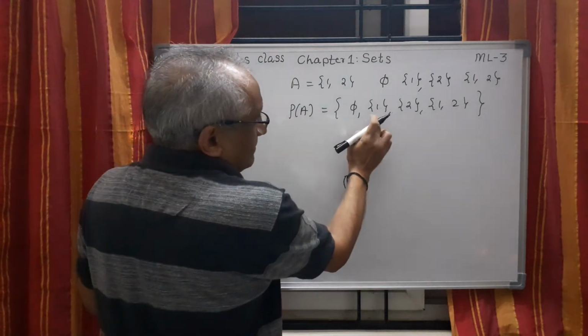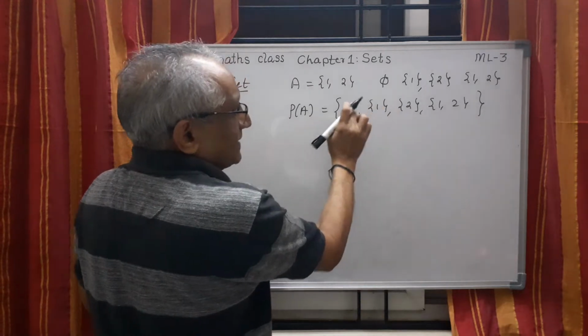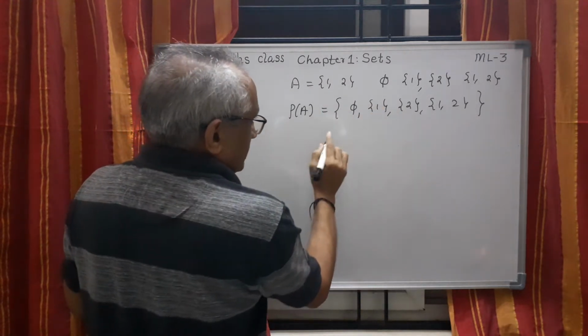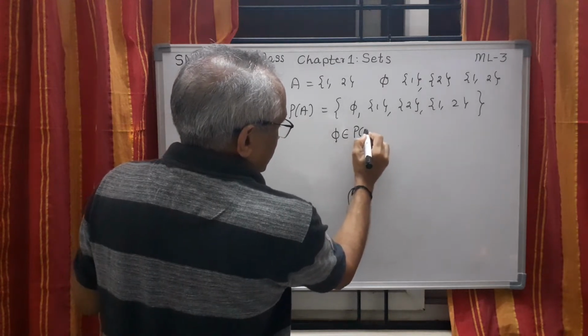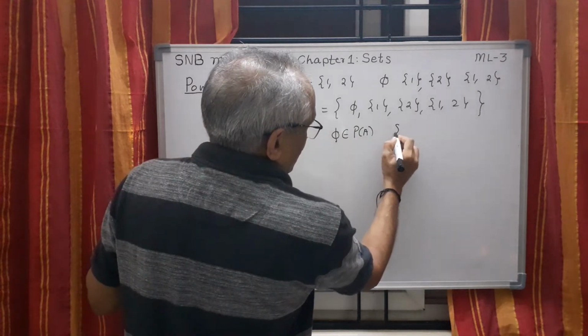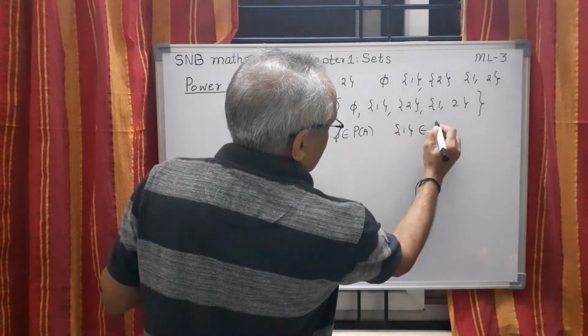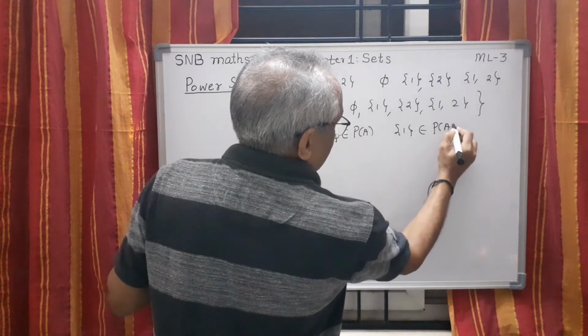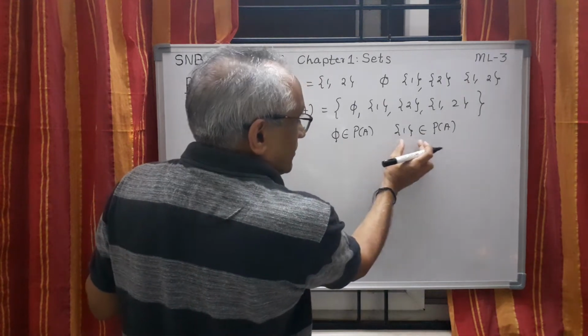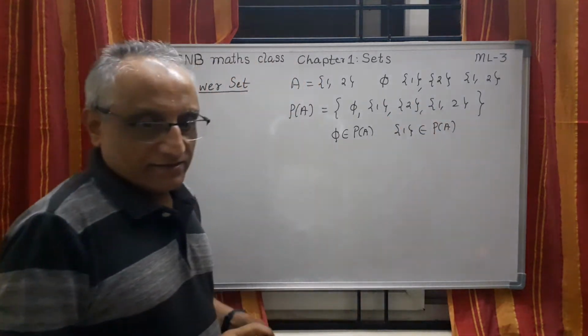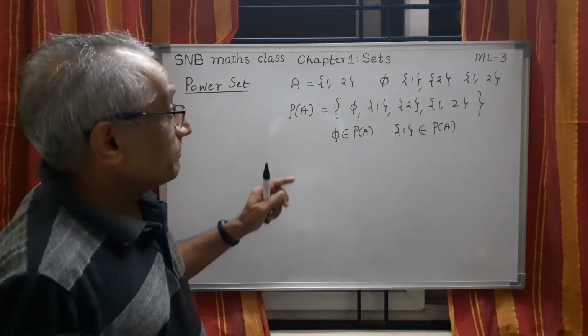Every element here itself is a set. For example, phi belongs to power set A. Similarly, {1} belongs to power set A. It is not 1 simply; it is the set {1} that belongs to power set A. So this is the difference. So this is the meaning of power set.